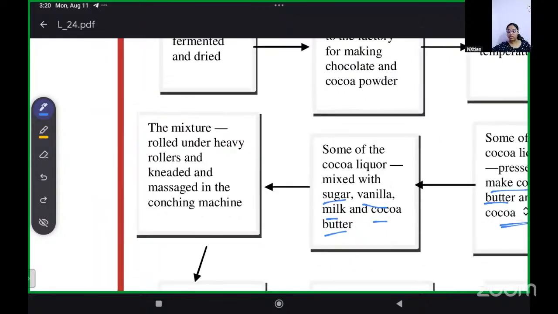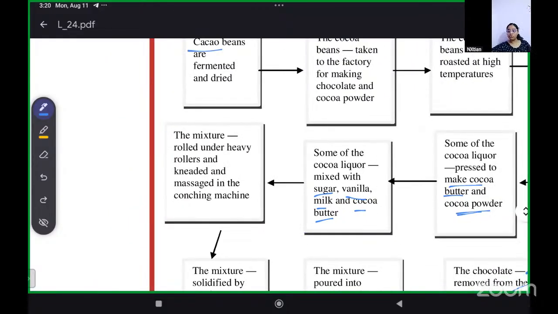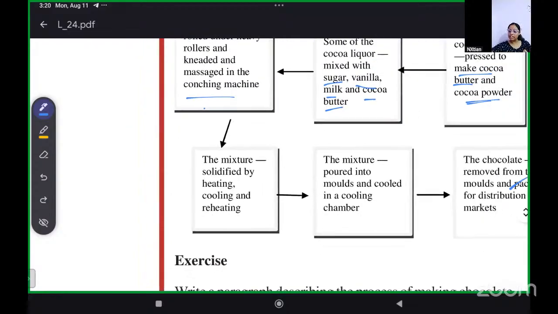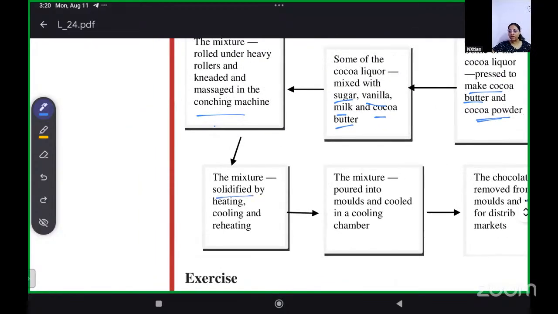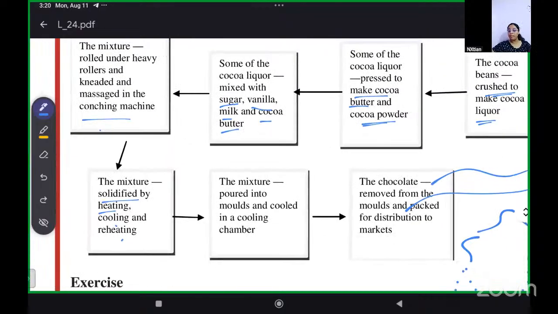Then this mixture is rolled under heavy rollers and kneaded and massaged in a conching machine. Then after that, it is solidified by heating, cooling, reheating. Then it is poured into molds and placed in a cooling chamber.